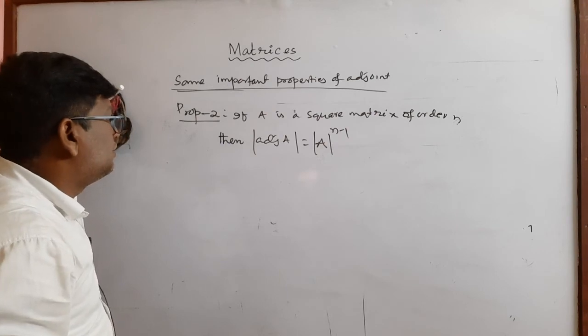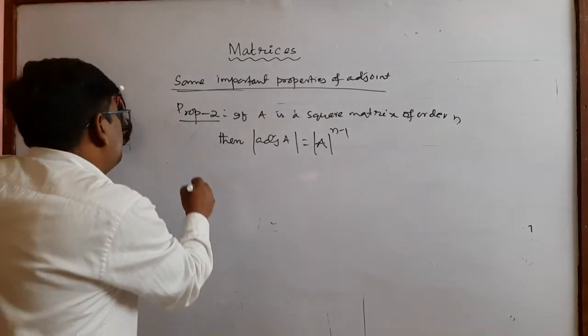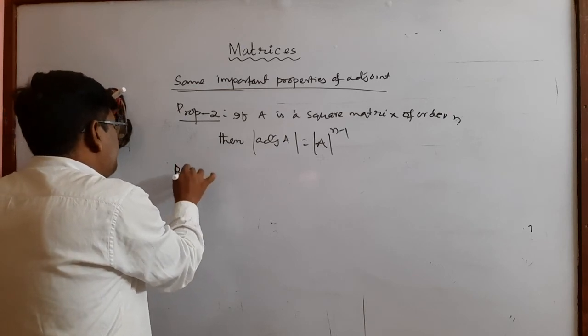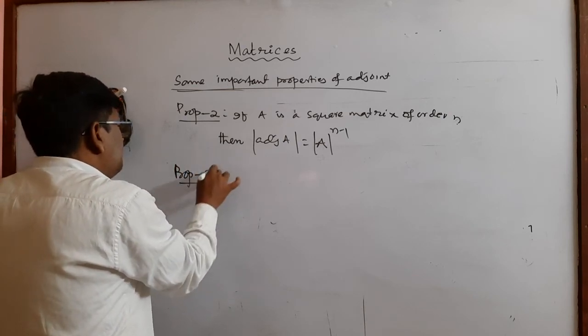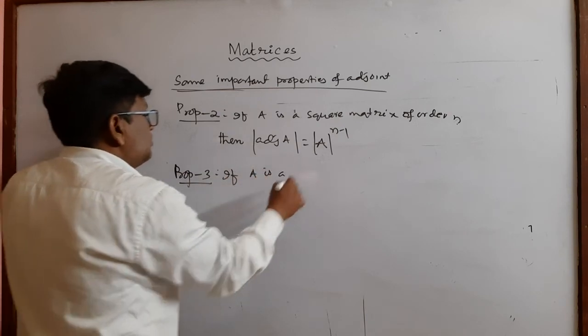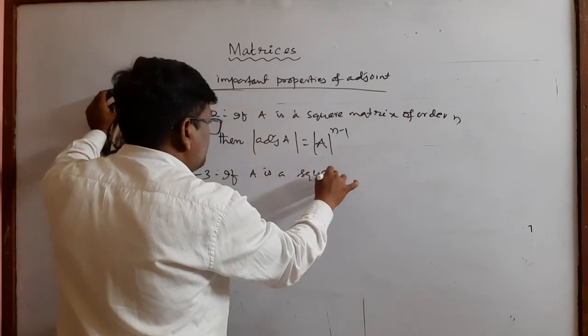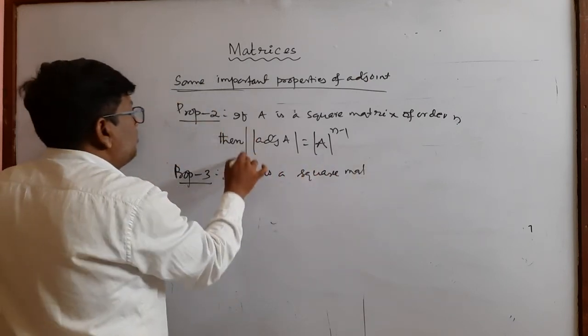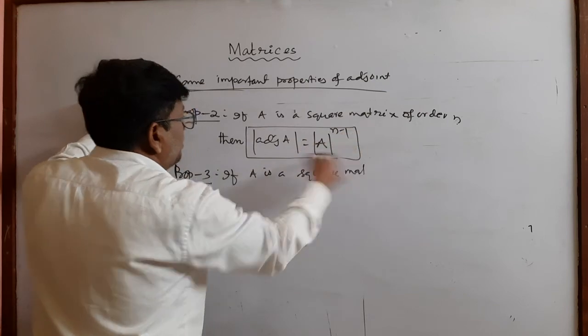Then property 3. If A is a square matrix, this is a formula, you have to remember this.